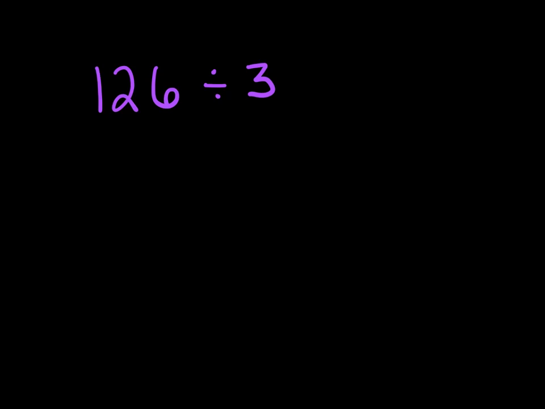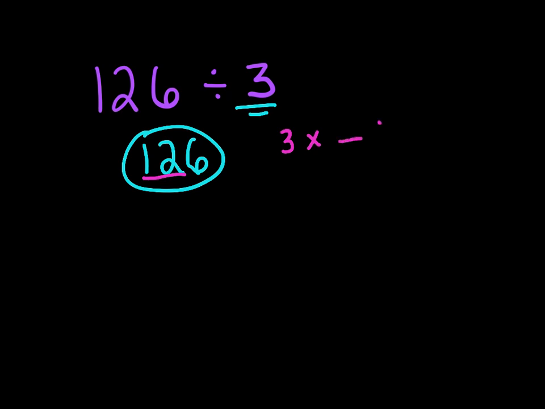In this next one, we have 126. It's our dividend divided by our divisor of 3. And if I take the 126 and I break this up, because I know I'm going to be dividing by 3, I'm going to look at that 3 going into this 12. It's not really a 12, right? It's 120. So I need to say to myself, 3 times what gives us just 12, and that's a 4.